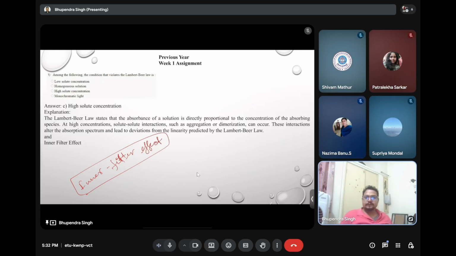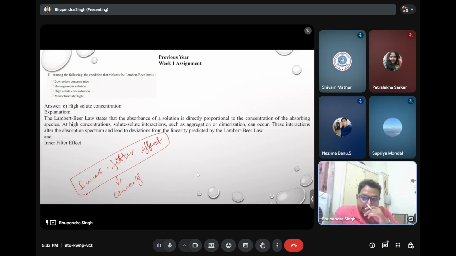Anything about the inner filter effect? No? Okay.